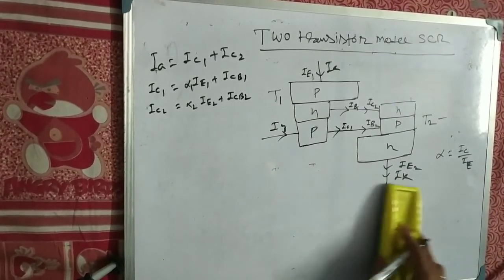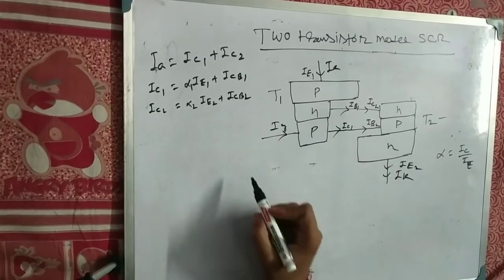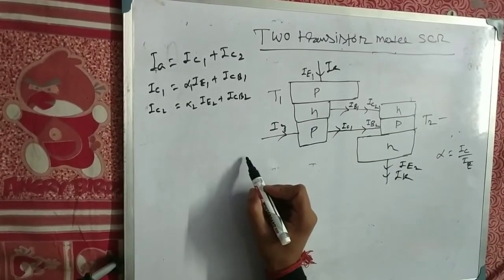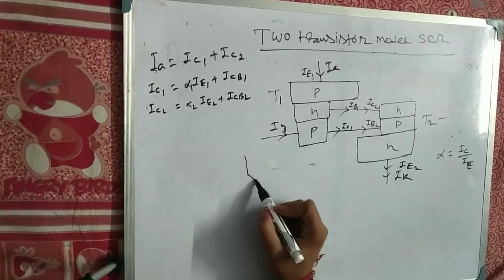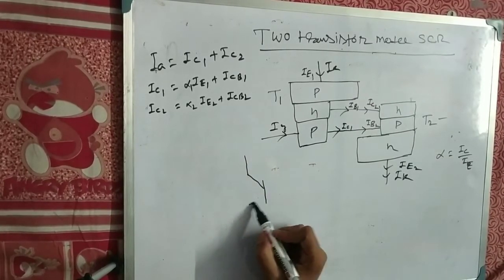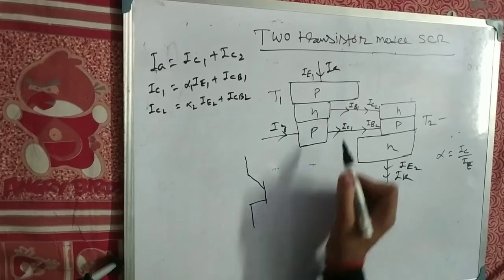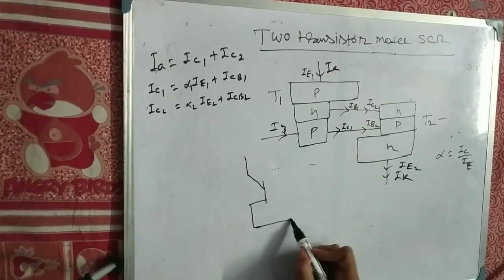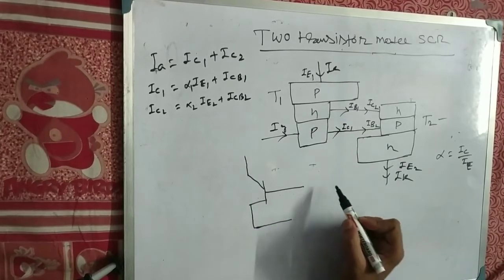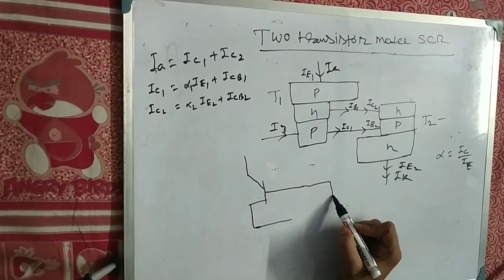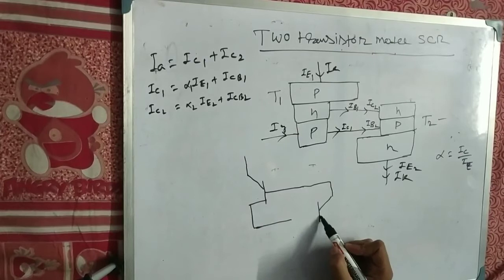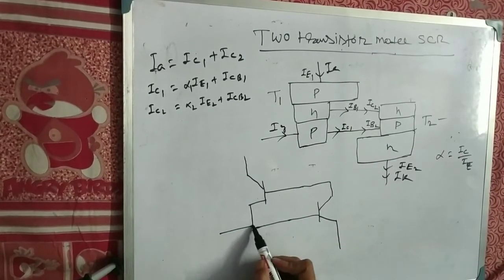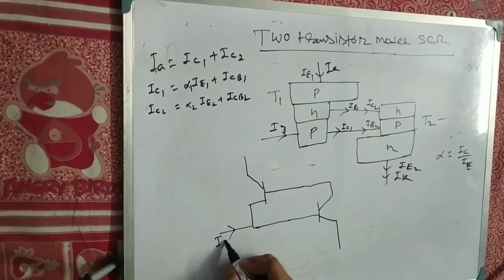Now we will redraw the circuit using the common notation for the PNP transistor. It will clarify things more. I am drawing this circuit by the transistor model, so see it carefully.